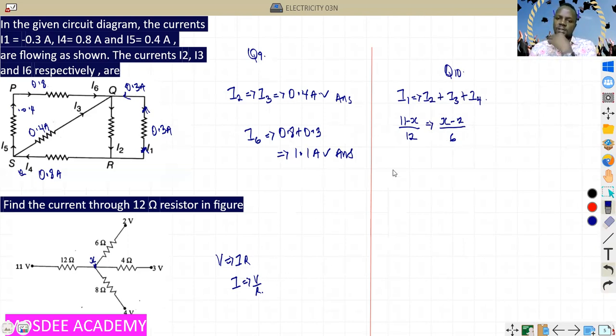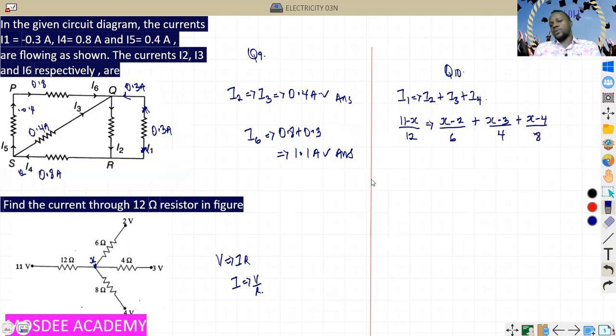You can always look into that. Then you have plus I3 here. X is also moving there. X minus 3 divided by 4. And the last one coming down, we said plus X is also going down. X minus 4. We divide that one by 8.